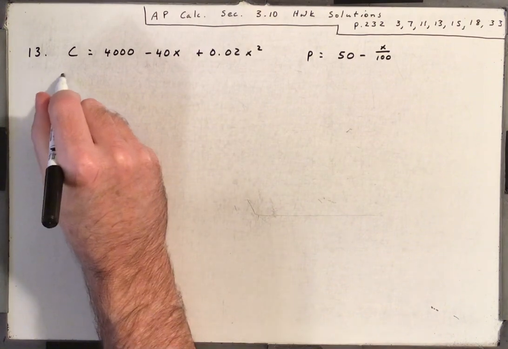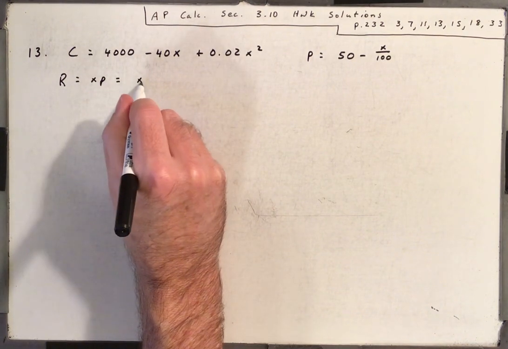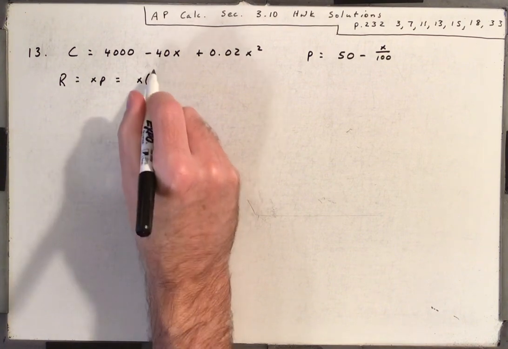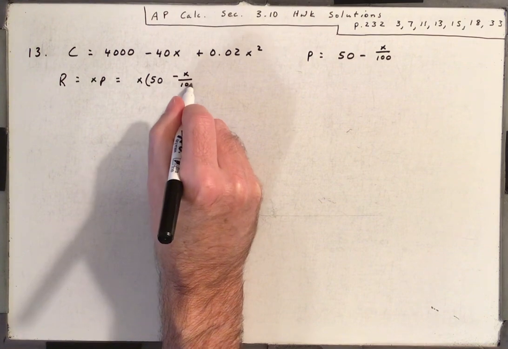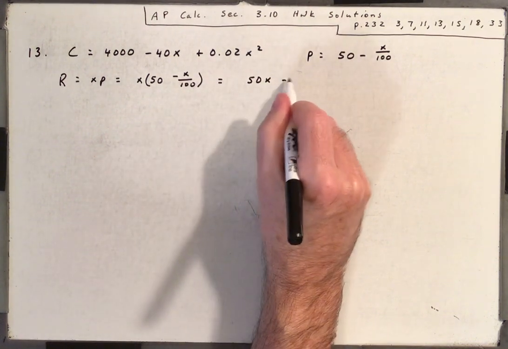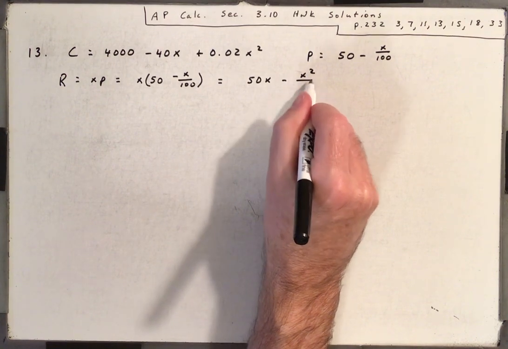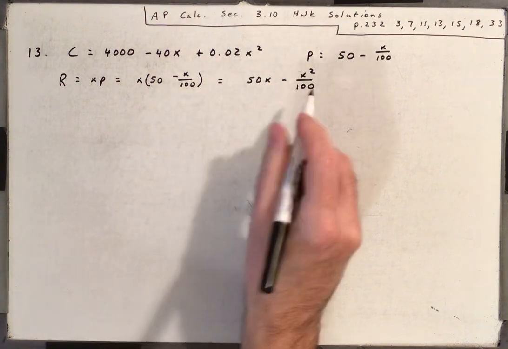Okay, we need to get the revenue so we can get profit. That's x times p, so that's going to be x times 50 minus x over 100. So that's 50x minus x squared over 100. Okay, that's our revenue.